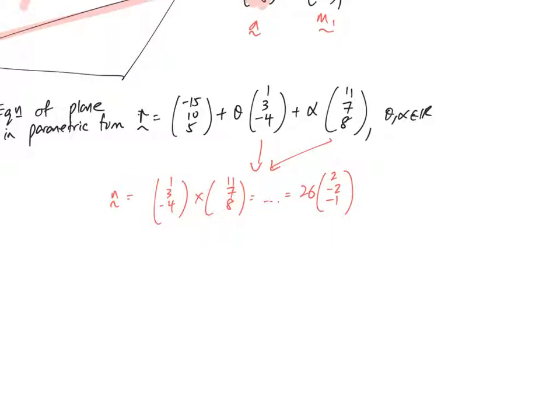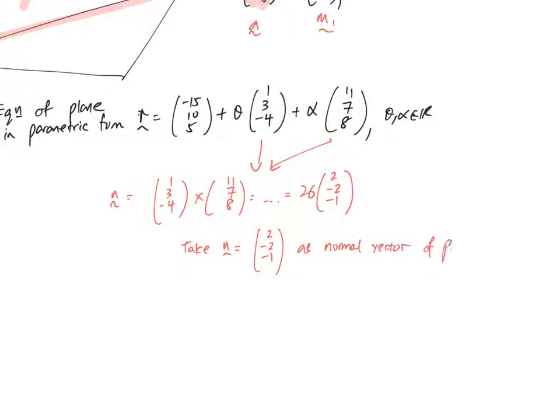Since we are taking a normal vector, we don't need the whole vector itself. We can just factorize out and take n to be (2, negative 2, negative 1). We don't have to take a scalar multiple as the normal vector of the plane.